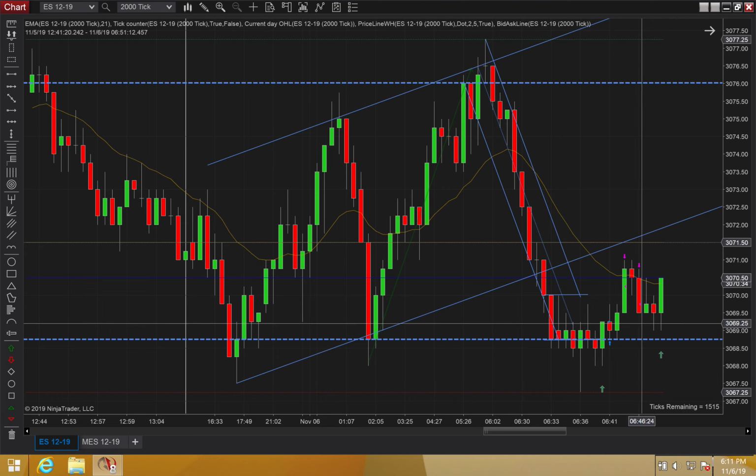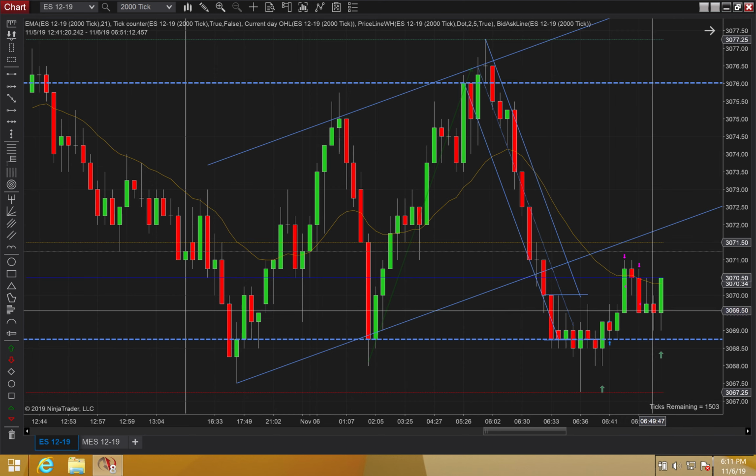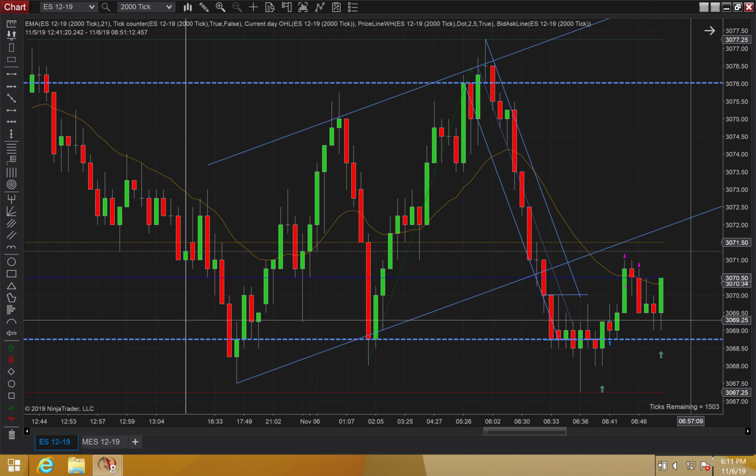In theory, if I take this trade, I haven't exited this trade. My last contract is still on, and this is the position I want to be in with that second contract, because now once it breaks these highs, it's almost nothing to lose, and I literally have a profit margin of, like, 7 points.